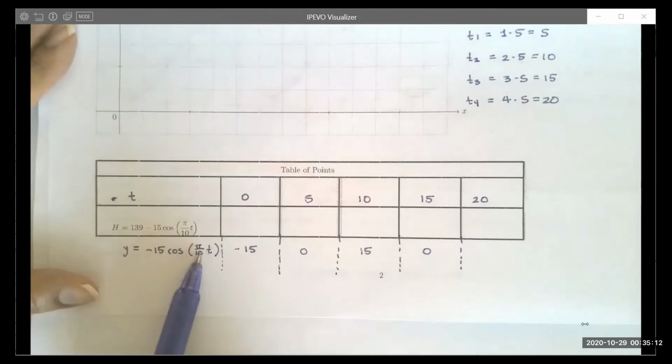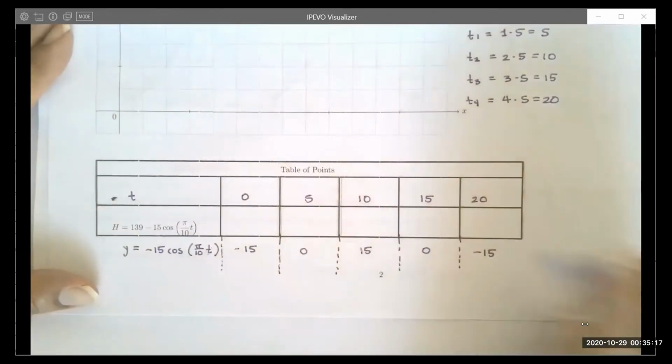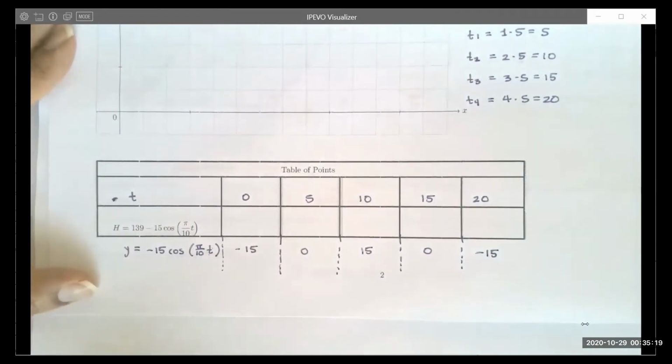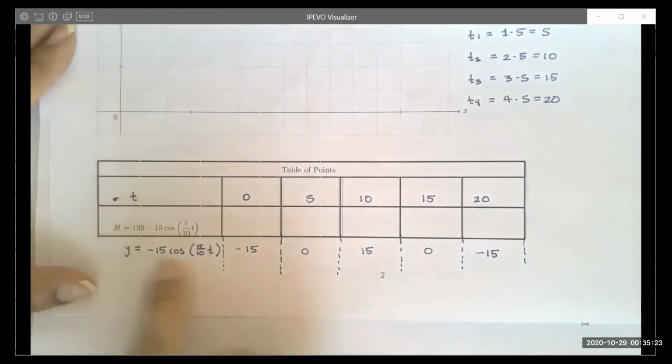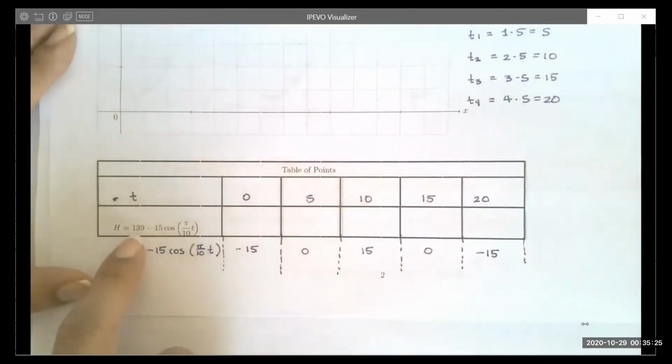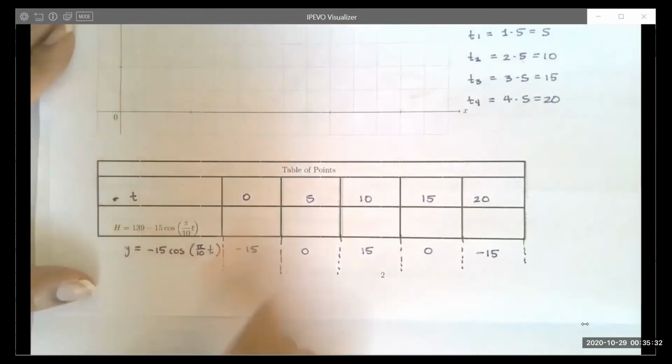Cosine of 2 pi is 1. Negative 15 times 1 is just negative 15. All right, so we have the y values, the values without the constant term of 139. Now let's actually account for the 139.